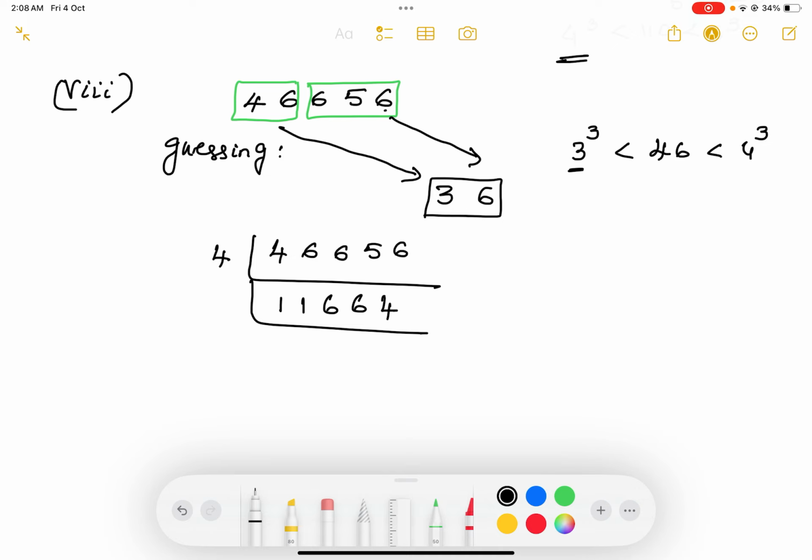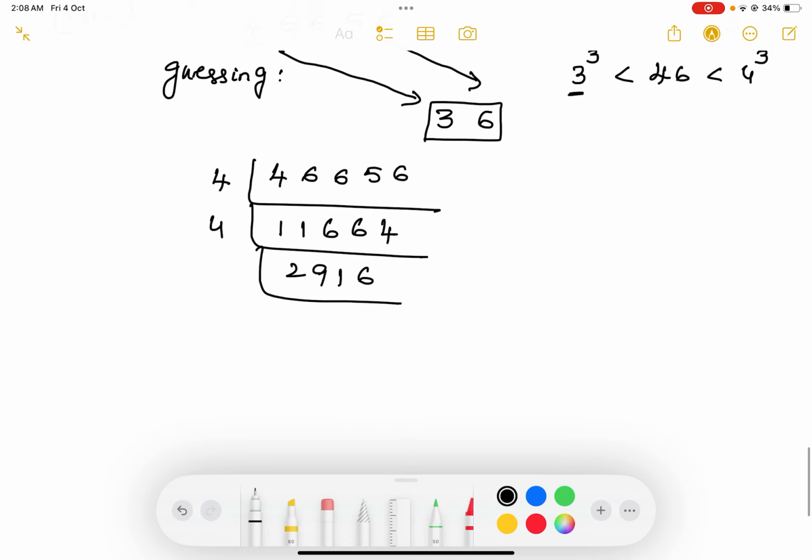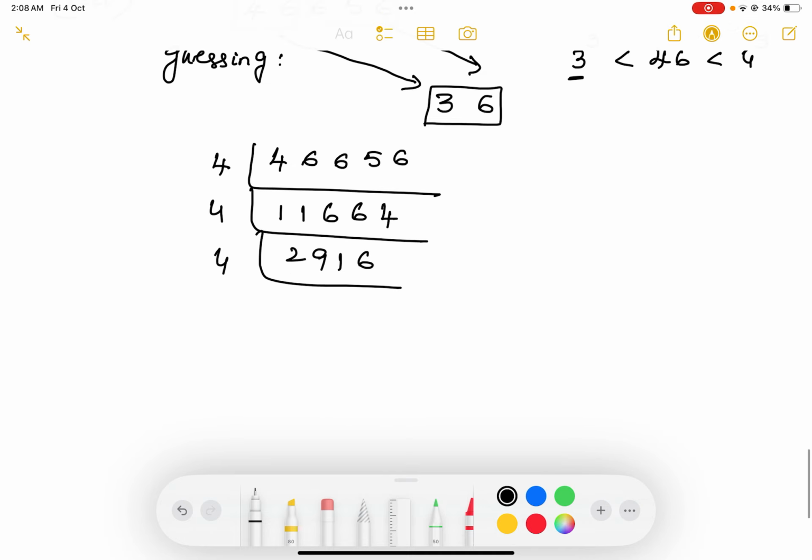Again it is divisible by 4. 4 twos are 8, 4 nines are 36, 4 ones are 4, 4 sixes are 24. Then 4 sevens are 28, 4 twos are 8, and 4 nines are 36. And 729, if you have remembered, is nothing but 9 cube.